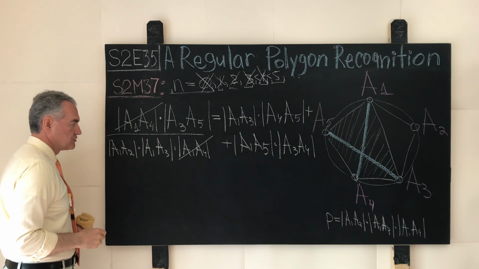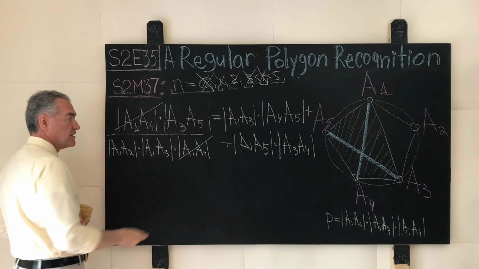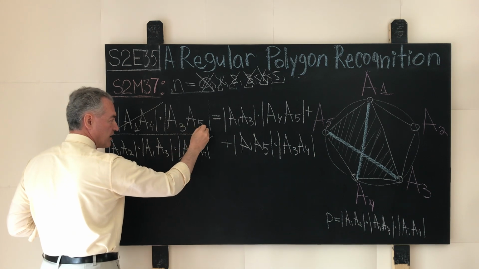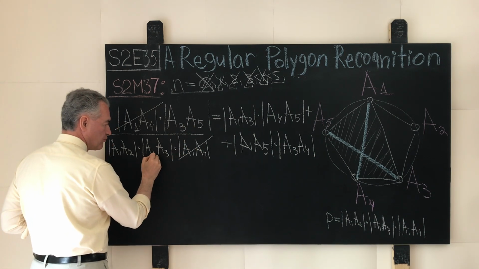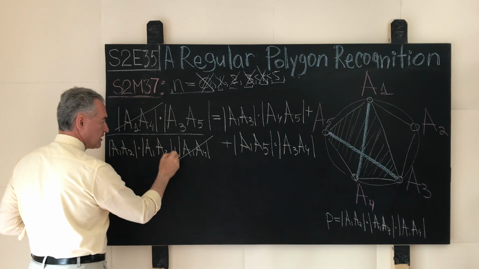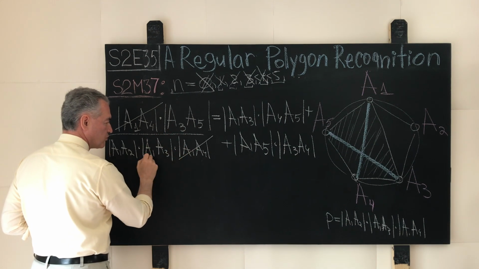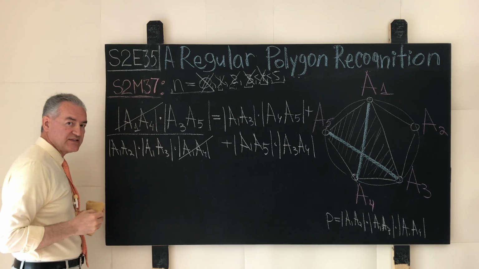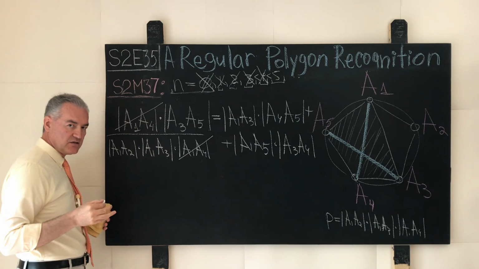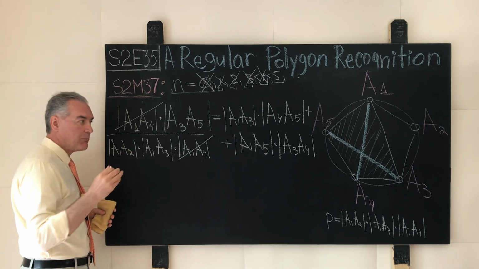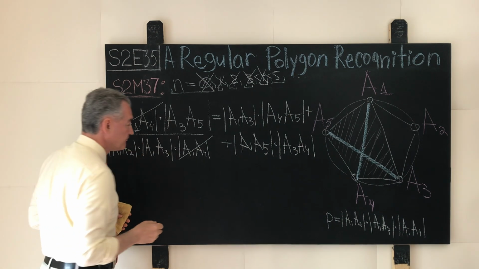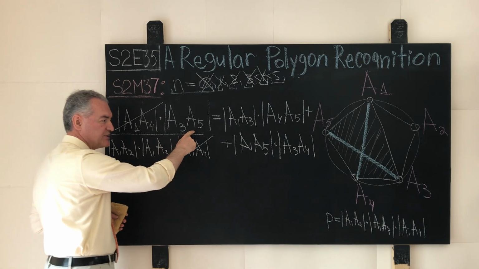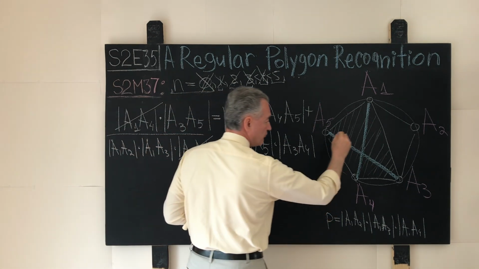Now, what else do we see over here? Let's analyze the distance between the vertices A3 and A5 and the distance between the points A1 and A3. What can we say about these two distances? Well, these two distances are actually one and the same in all non-degenerate regular polygons on n vertices. Why is that? Well, the distance between the vertices A3 and A5 skips one vertex, vertex 4.